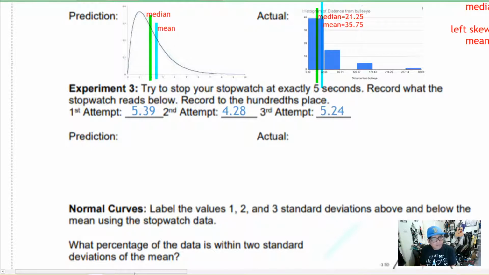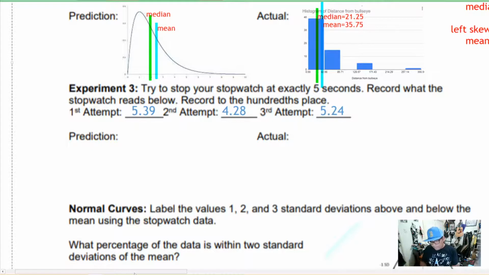So this time when we make our prediction, what do we think the class after many repetitions would be? Well, when I think about it, we're going to get a lot of answers that are close to 5, a few answers that are less than 5, and a few answers that are greater than 5. In fact, I couldn't say that there will be more people measuring above 5 than less than 5.